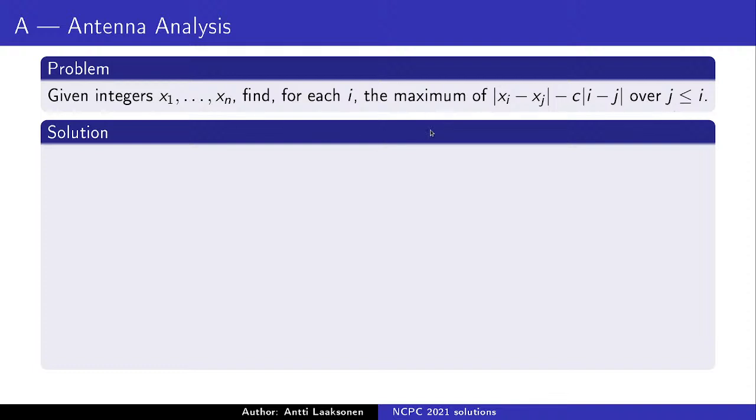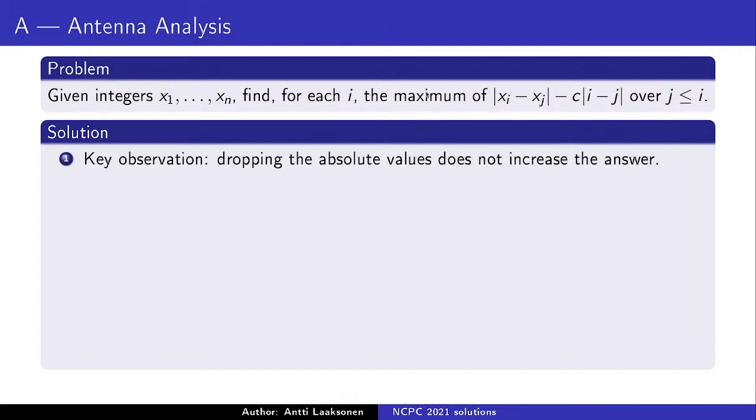To solve this problem, I like a key observation, or maybe another trick, which is yet another take-home message from this presentation. The key observation is that dropping the absolute values does not increase the answer.